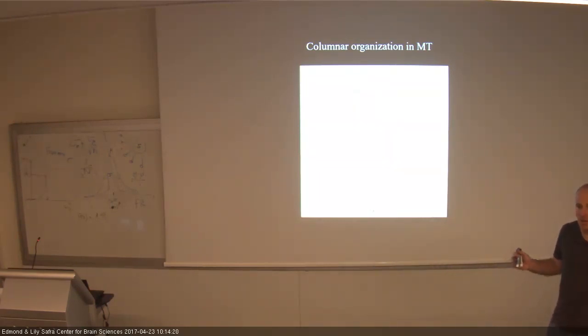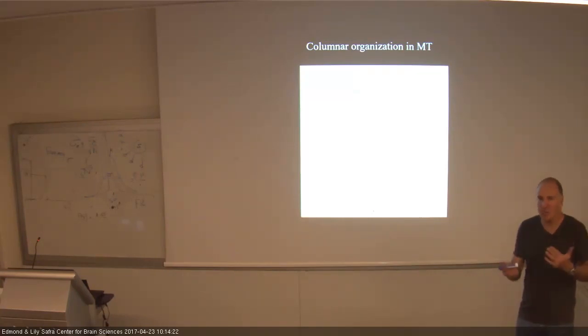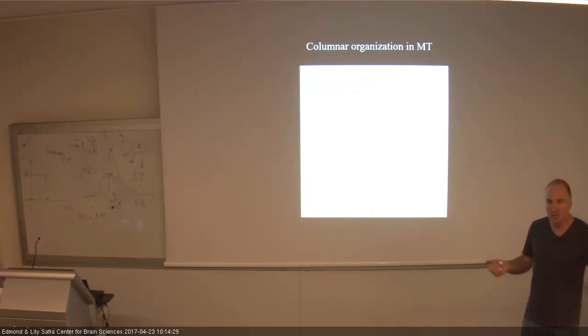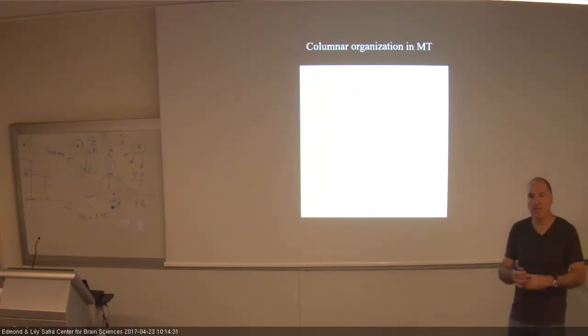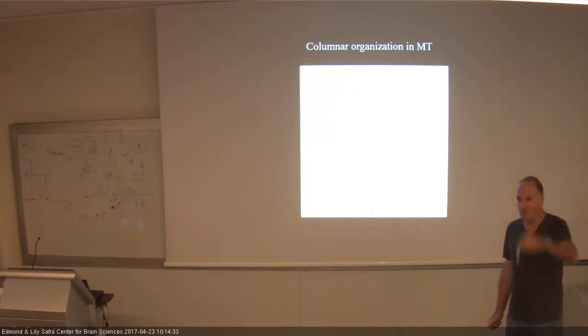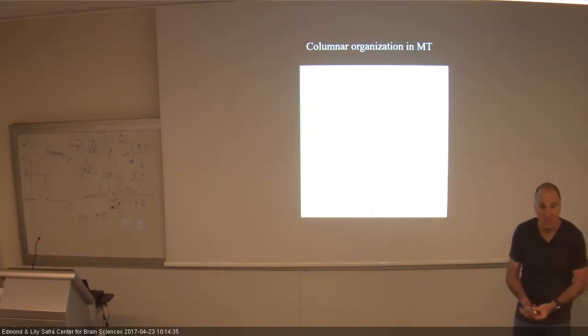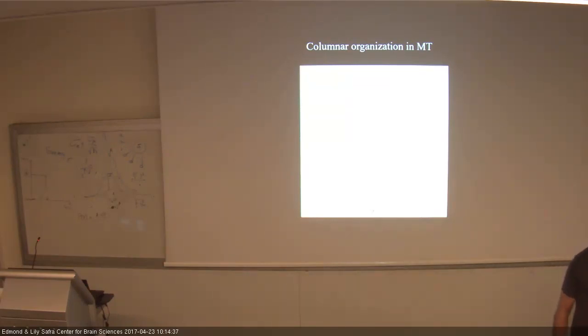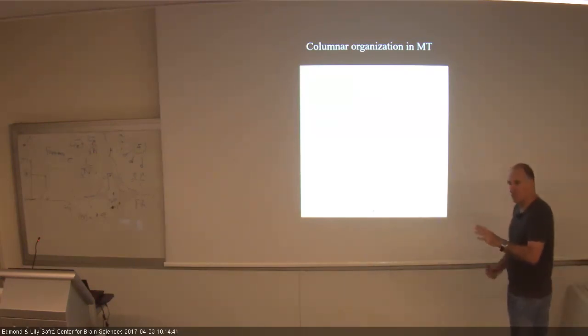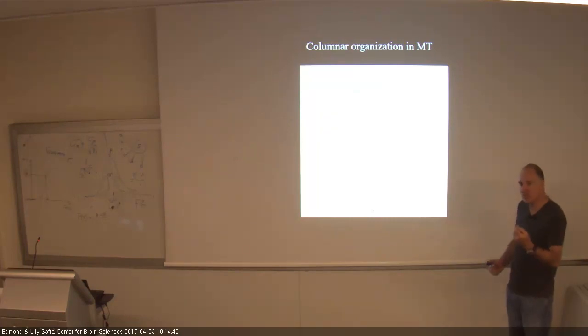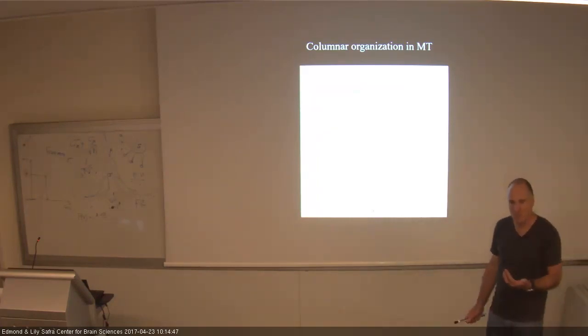Now, that requires another prerequisite, right? Because if you're going to stimulate through the electrode, you want to stimulate neurons which are similar to one another. Because if one has the preferred direction in one direction and the other has it in another direction, you're not going to get much. So a prerequisite for doing something here, and this is with electrical stimulation, is that nearby neurons are going to have similar properties.